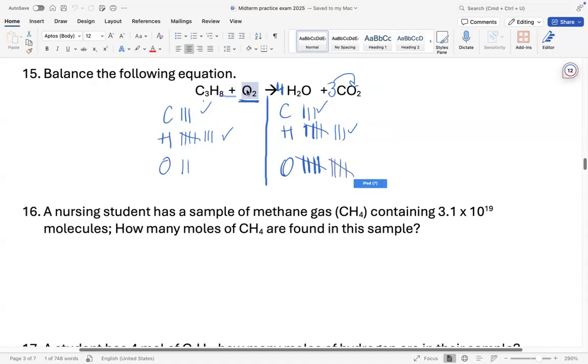Now, O2 is by itself on the left, which is great because O is the only element left to balance. Because it's 10 on the right and it comes in pairs on the left, if I put a coefficient of 5 out front, 5 times 2 equals 10, and it will be fully balanced.